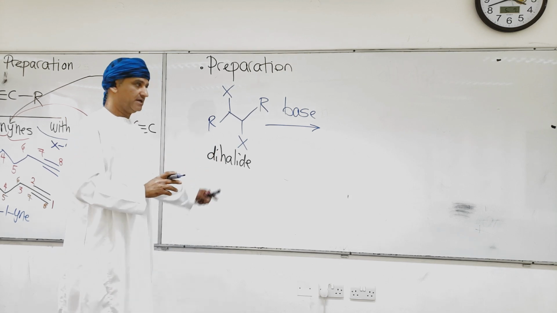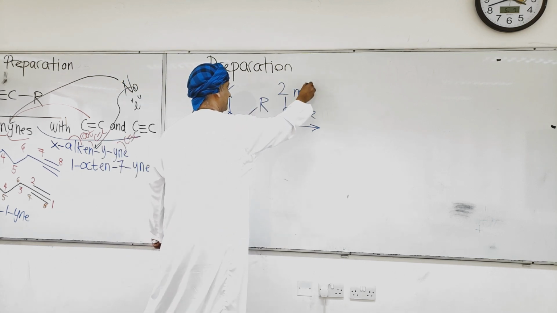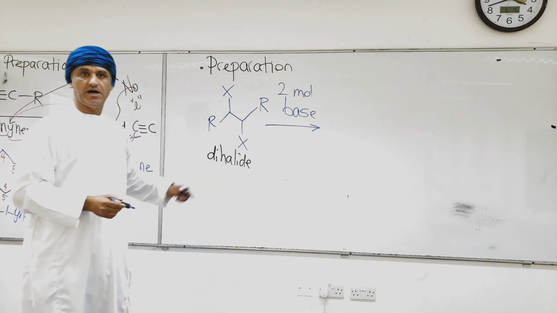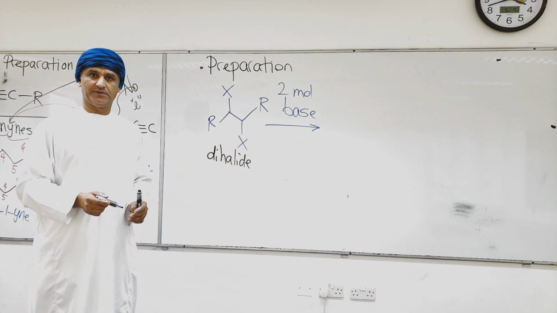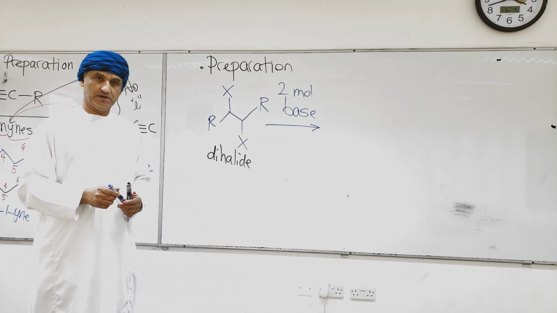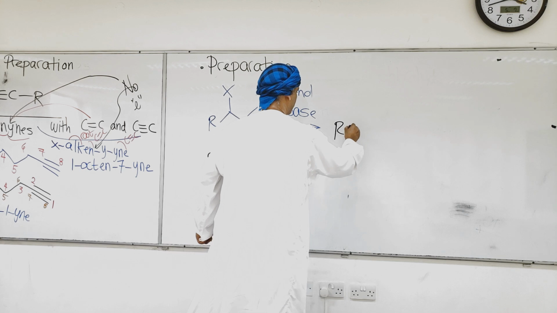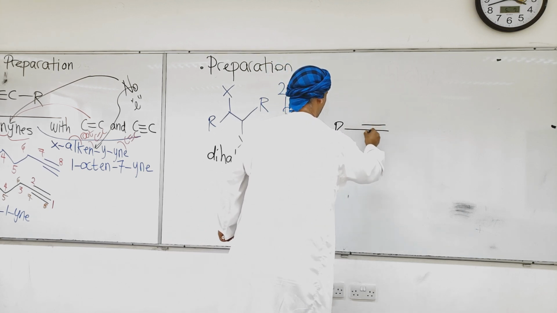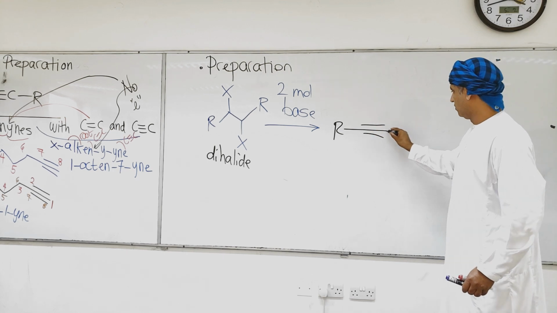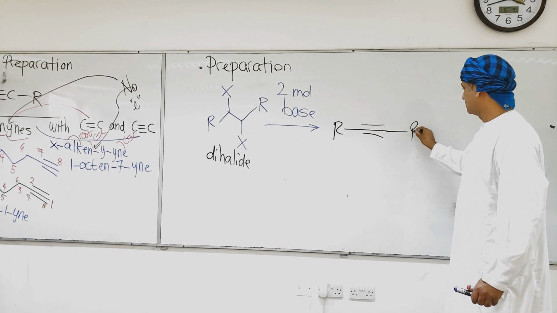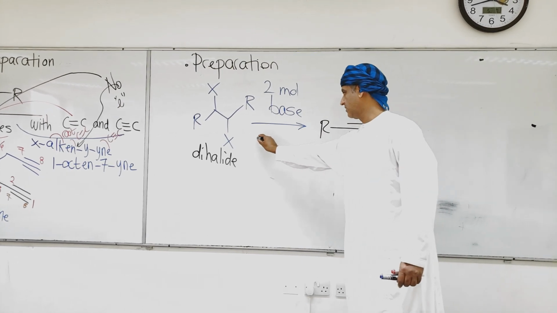And therefore, 2 moles of a base are needed here if 2 moles of HX are to be lost for the formation of the alkyne. So the corresponding alkyne, where a carbon-carbon triple bond between the 2 carbons that had the halogens now forms. This is the corresponding alkyne after loss of 2 moles of HX.